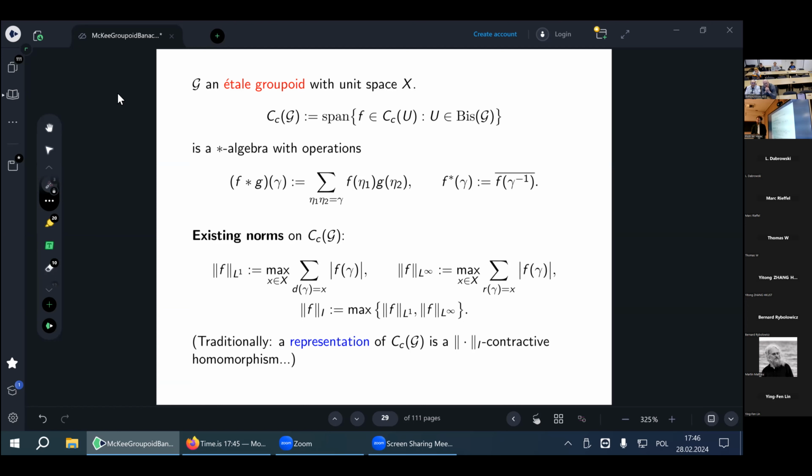It's strange because in a groupoid, D and R are symmetric with respect to the inverse. Yes, and there's some kind of duality going on here between L1 and L infinity. So you mean that in this inverse semigroup setting, you don't have this symmetry, you have duality instead?